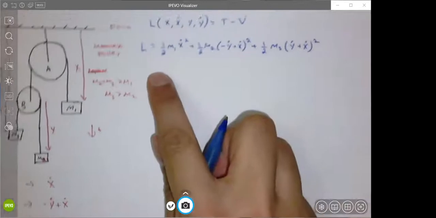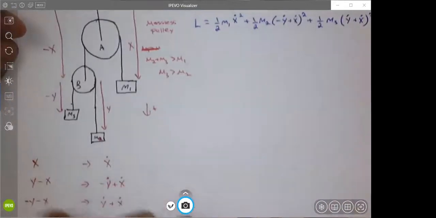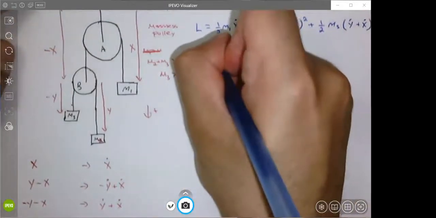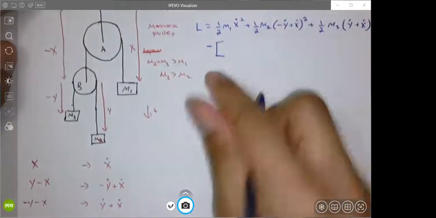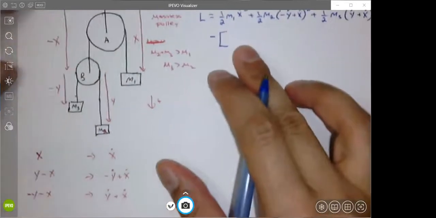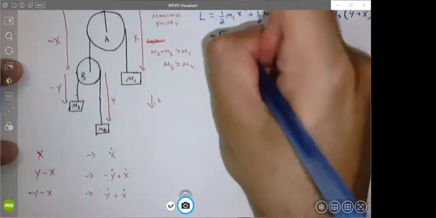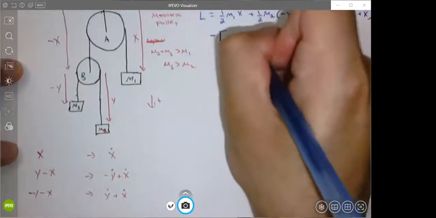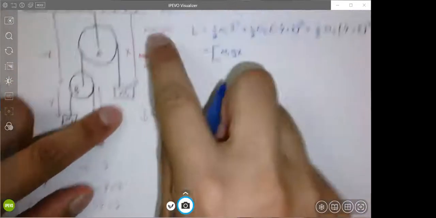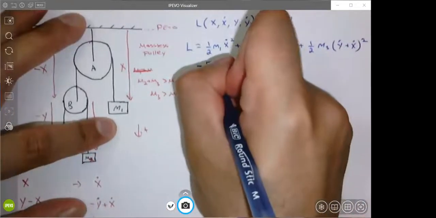And then we have to subtract from it the potential energies, which is going to be given by this value right here. So the first one, and I guess I could put a minus sign first, the minus sign will eventually distribute out, and we'll look at that in just a second. The first one is going to be m1gx. So that's the energy of this, and because it's below the minimum potential, we'll have to put a negative sign there.